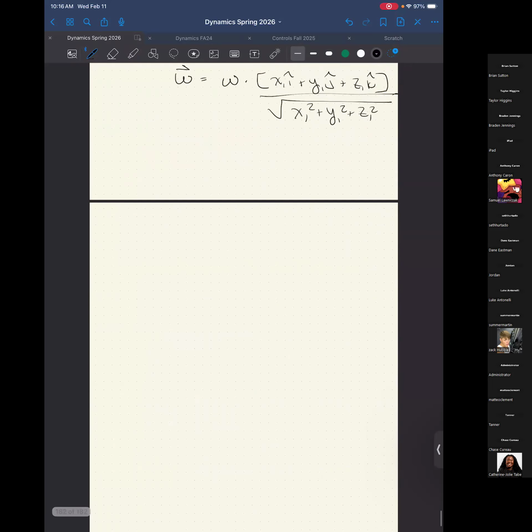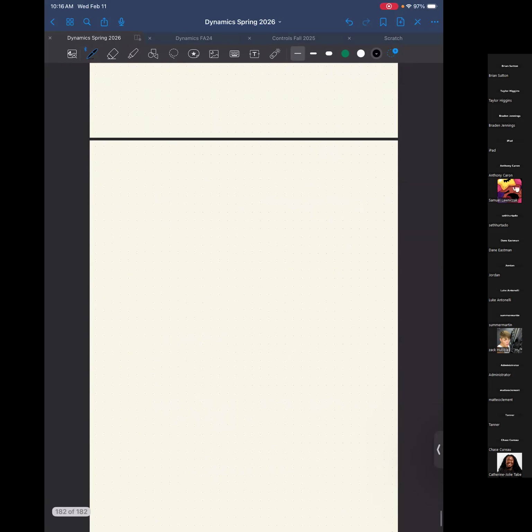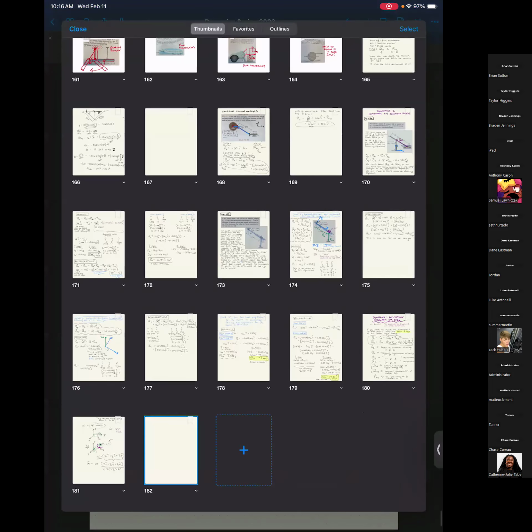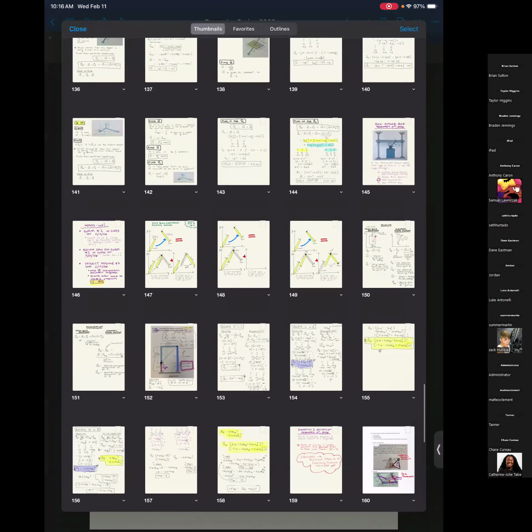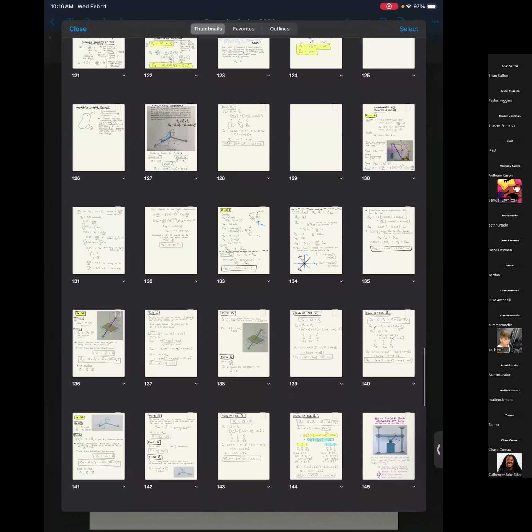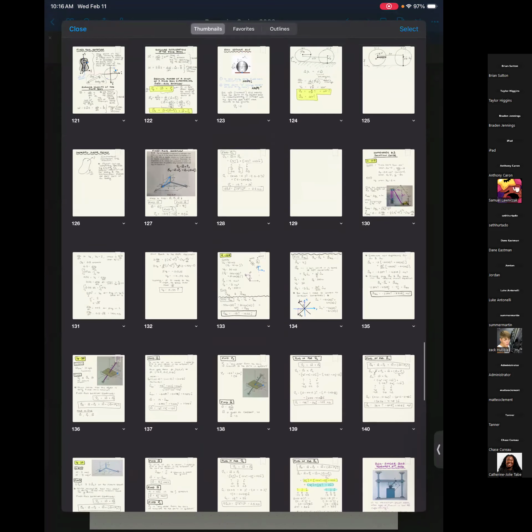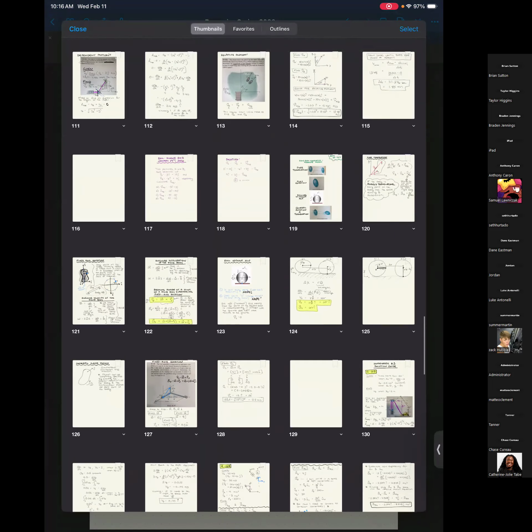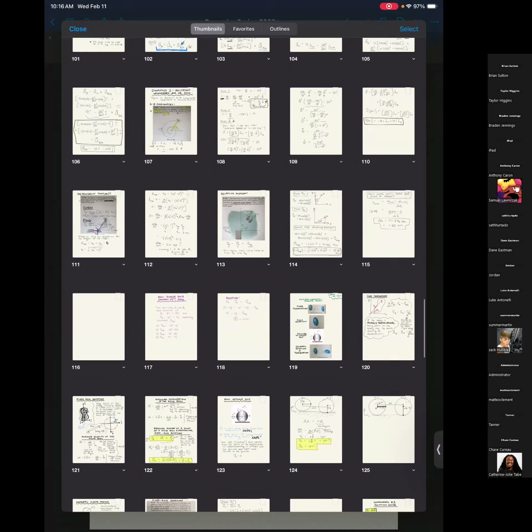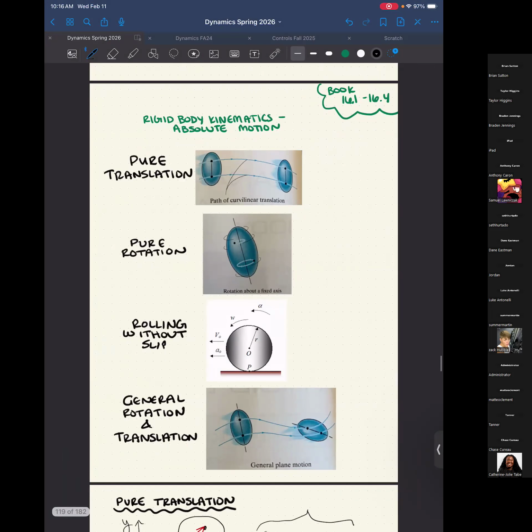There were a couple of simple cases that we talked about: fixed axis rotation, pure translation, and roll without slip. There were some special equations that went with each of these.